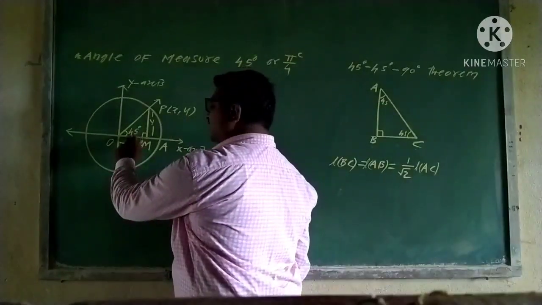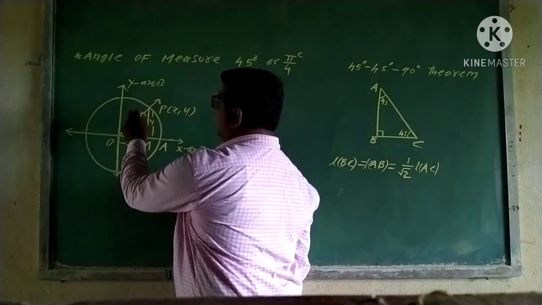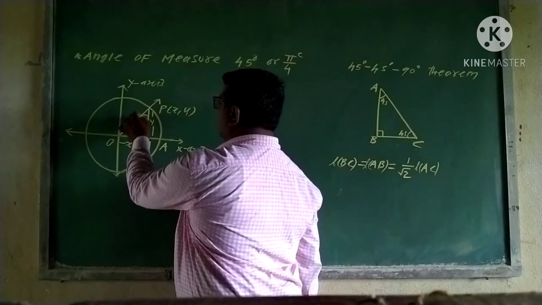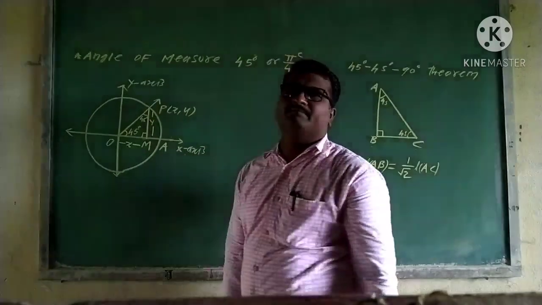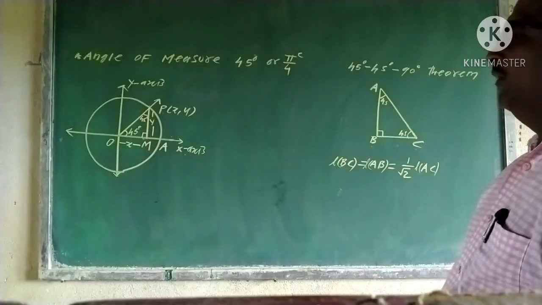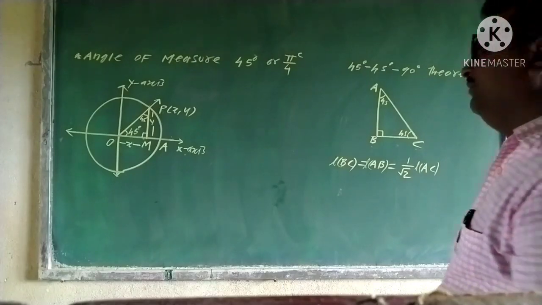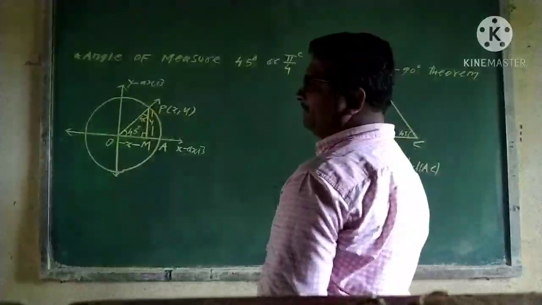One angle of the triangle is 45 and another is 90, so the remaining angle is 45 degree. Here we use the 45-45-90 theorem.